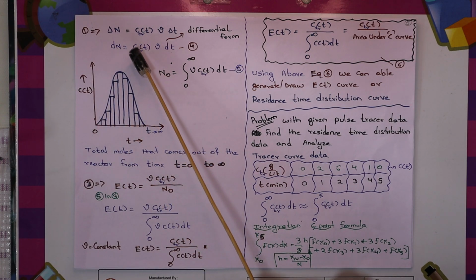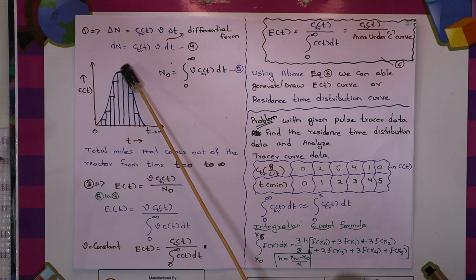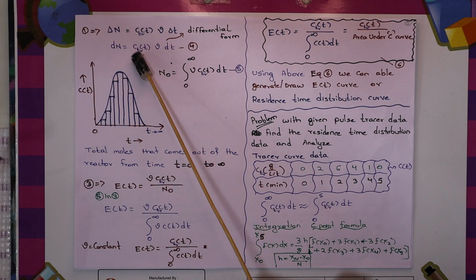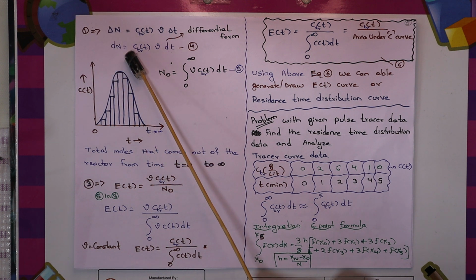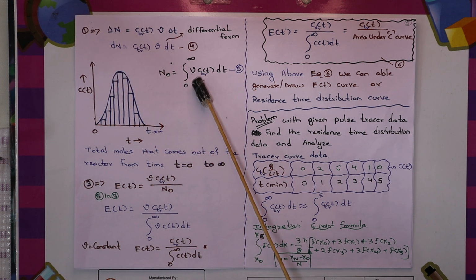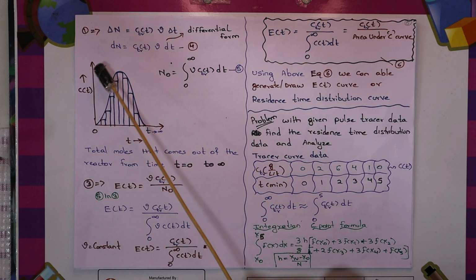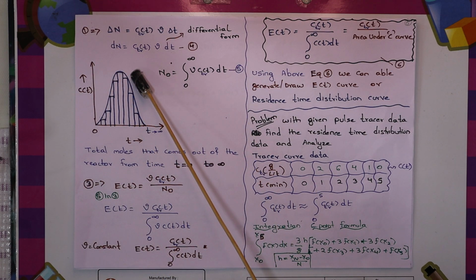The integral of dn from 0 to infinity, if you apply integration to both sides, is equal to the integral of nu into CTR into dt. The integral from 0 to infinity of dn is nothing but n0.